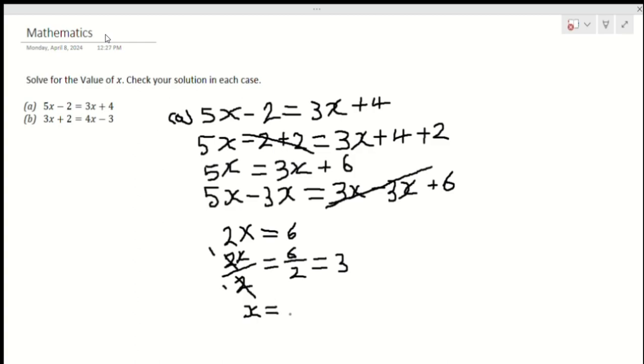So now let's check to see if this is correct. We're going to check by each side. If I put the value of x to be 3, would it make both sides of the equation equal?